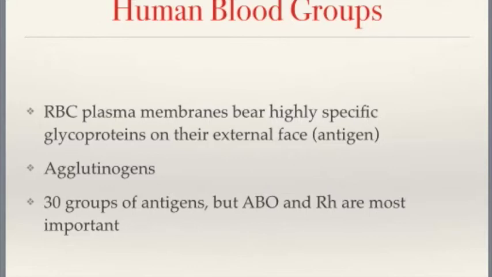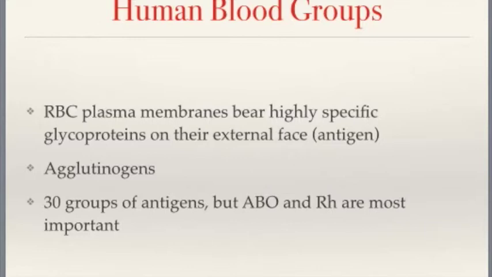We're going to talk about blood types and how the different blood types react with one another. There's a few different types of antigens, which remember are markers that are found on red blood cell plasma membranes. They're highly specific glycoproteins found on the cell membranes of red blood cells.